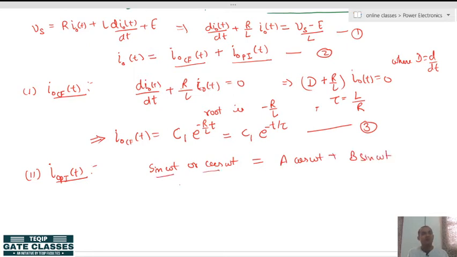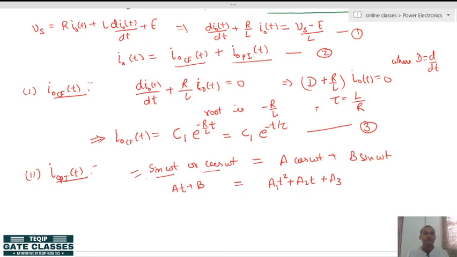If the input is some kind of algebraic value, let's say you have got some value of at plus b, in that case the solution is assumed to be one higher degree of algebraic polynomial, means a1 t square plus a2 t plus a3. In this way we have to assume. If some exponential source is there, then the solution has to be determined or assumed in the form of exponential.